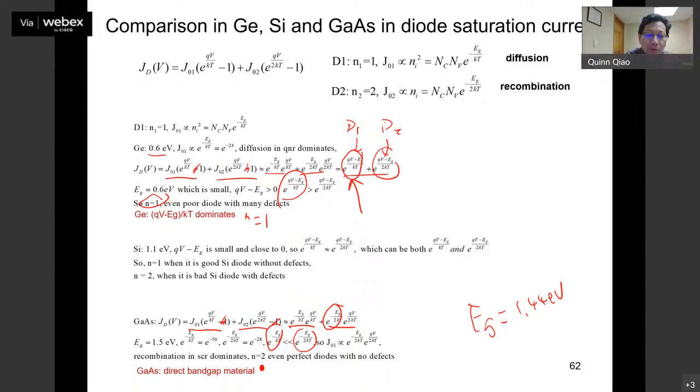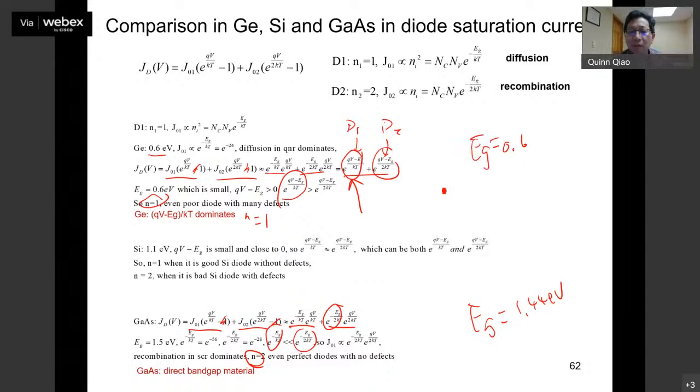So that's n equal to 2. That tells you that if you use gallium arsenide to make a diode, you will see recombination dominant. If you use germanium, you will see diffusion dominant. The germanium band gap is 0.6, and this one is 1.44.